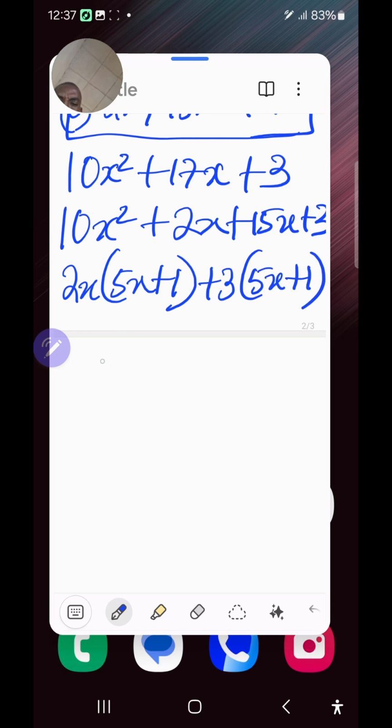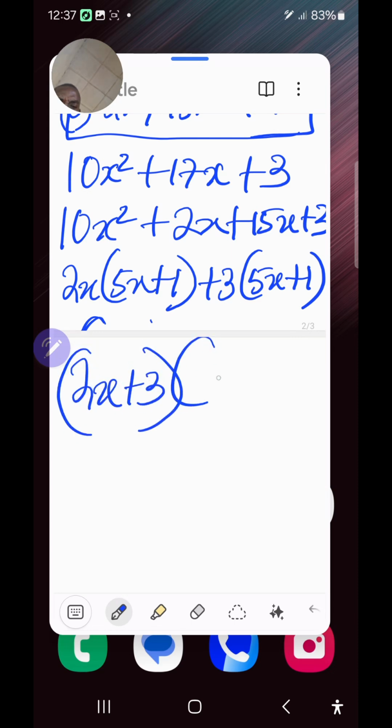The factors now are 2x plus 3 and 5x plus 1. These are the factors.